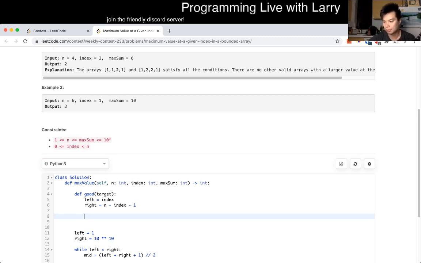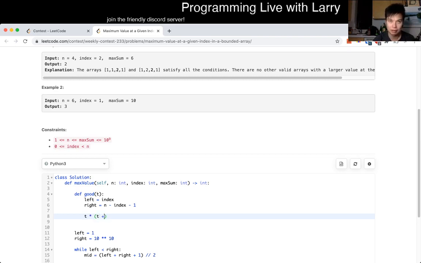So it's something like... is it +1 or -1?